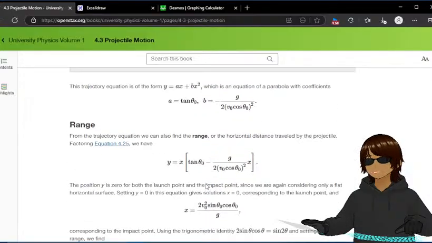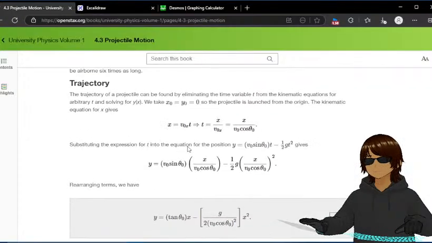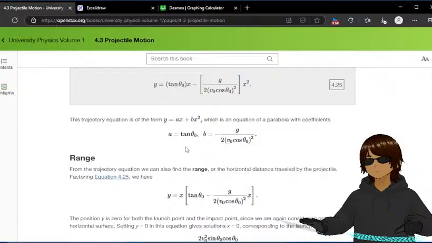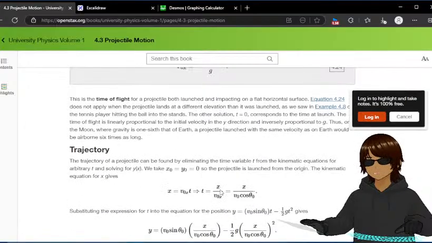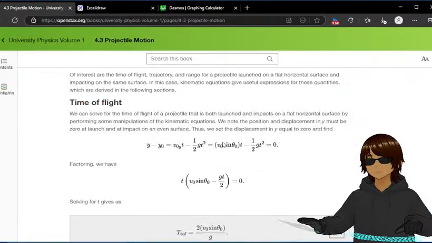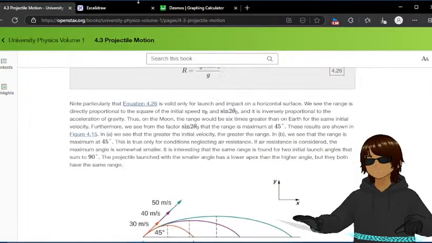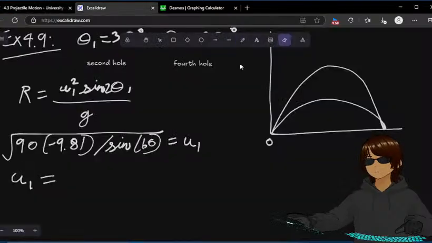Did the negative part cancel out? Did they take the negative part into account already? Normally, this is plus. Is the negative included in the g? It's not, right? The g is just like this.